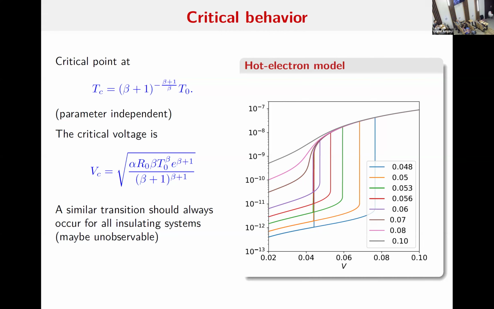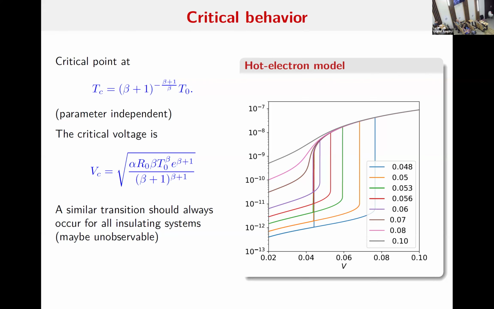The other interesting thing is where the critical voltage is. The critical voltage is where you see the big jumps going down in voltage, and it is given by this formula. The important thing here is that this is material dependent. This constant, alpha, is the electron-phonon coupling that appears in the power exchange between the electrons and the phonons.